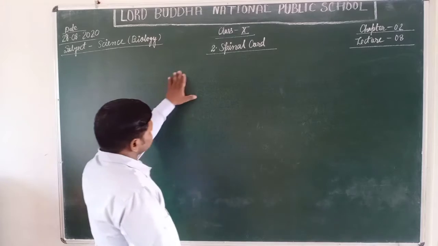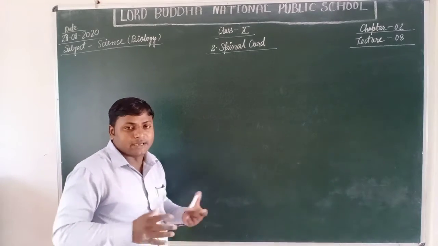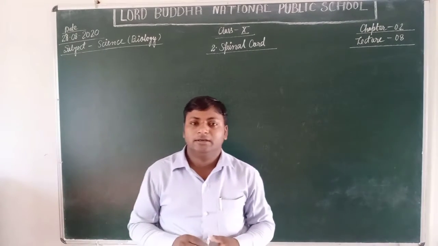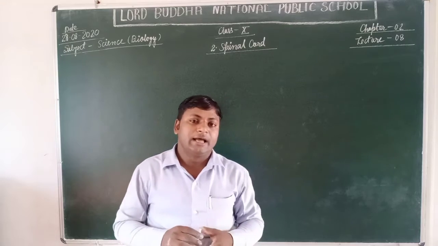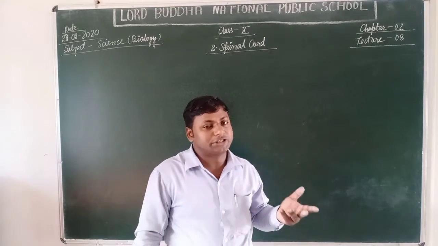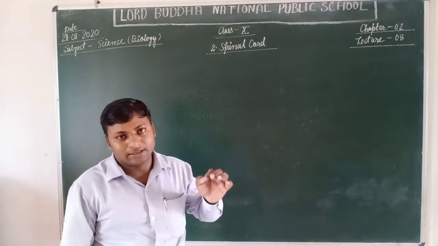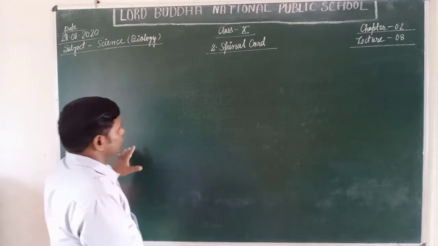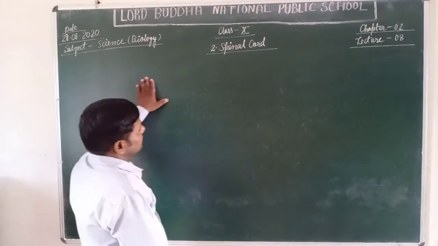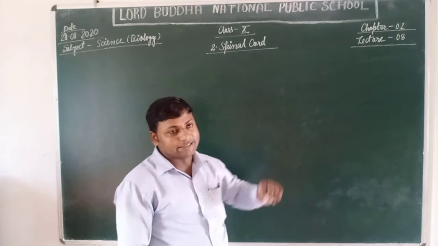Students, the spinal cord is covered by three meninges, as all of you studied the meninges in the brain. Yes students, the spinal cord is also covered by these three meninges.